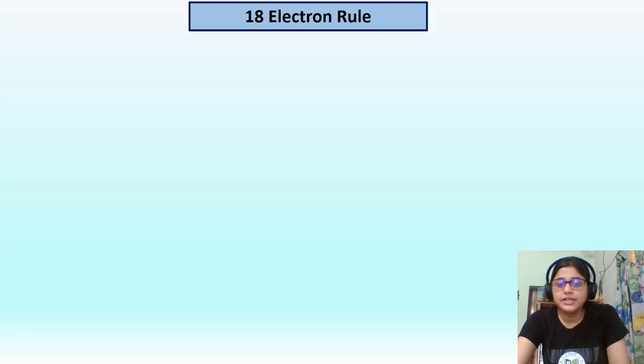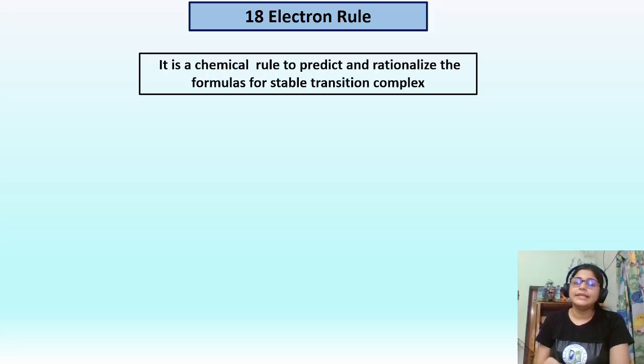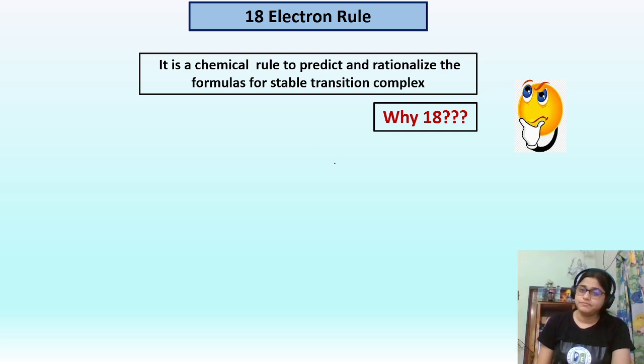Now coming to the 18 electron rule. It is a chemical rule to predict and rationalize the formulas for stable transition metal complexes. But why 18? Why do we want the outermost shell of any metal to be 18, so that it will be stabilized?